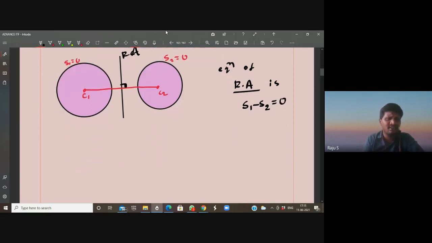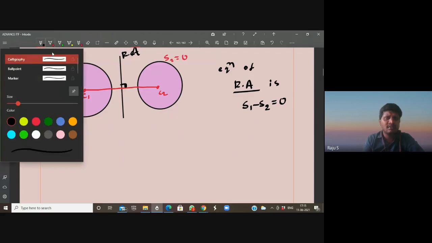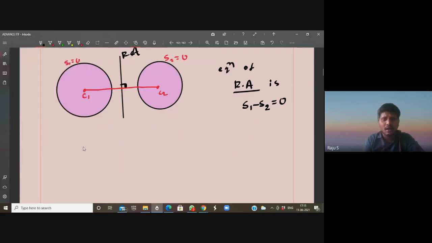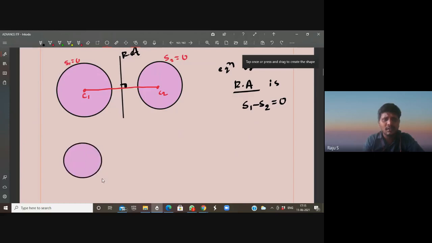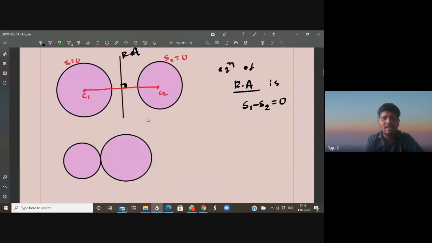Here different cases will be there. What are the different cases? When two circles are intersecting or touching or not touching. Next case, if I take two circles touching externally, this is circle one and this is circle two, same here, S1 is 0, S2 is 0.